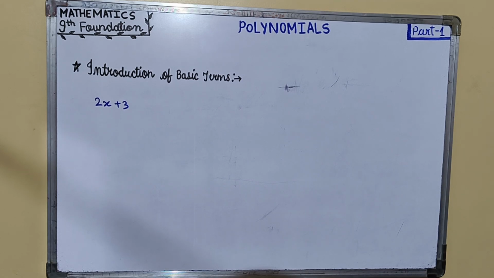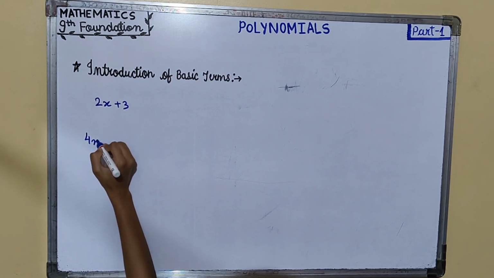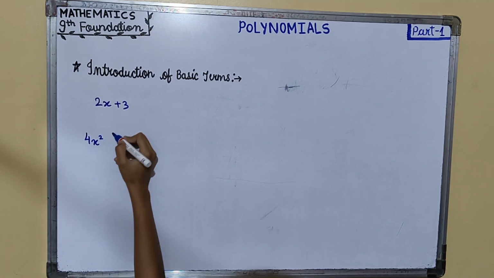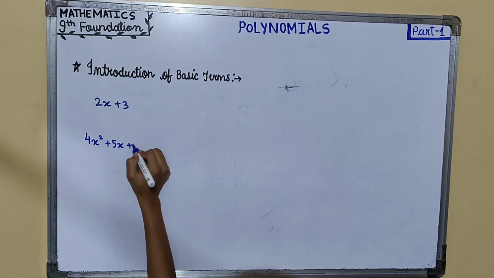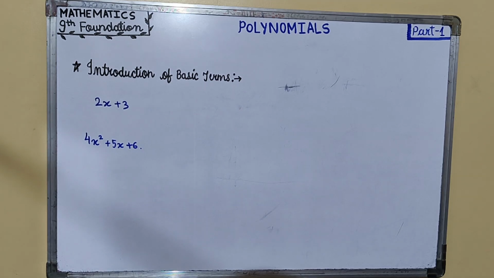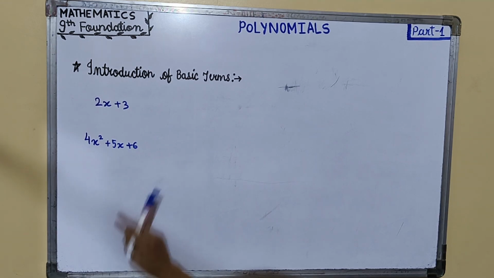Now, there is one more example, that is 4x square plus 5x plus 6. Over here, x is the variable. The constant term is 6.